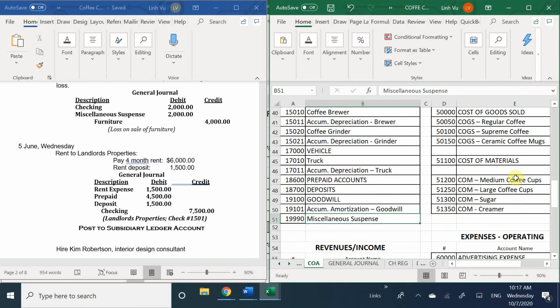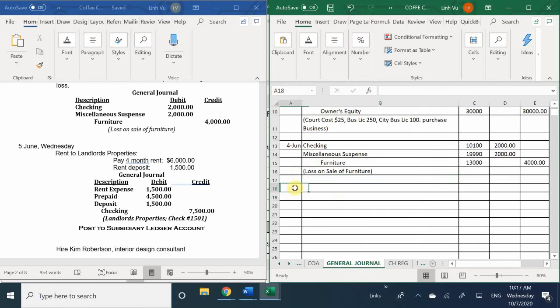For me placing in my prepaid rent. All right. What about my deposits? Yes, it's 18,700, right? And checking, of course, is 10,100. So let's go ahead and journalize our transaction here.